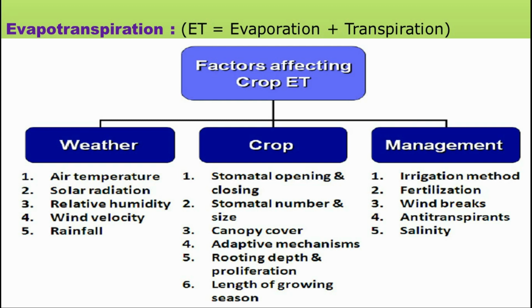In crops, they are stomatal opening and closing, stomatal number and size, canopy cover, adaptive mechanisms, rooting depth and proliferation, and length of growing season. In management practices, they are irrigation method, fertilization, wind breaks, anti-transpirants and salinity.